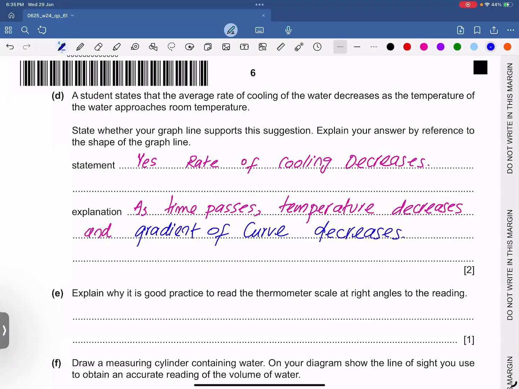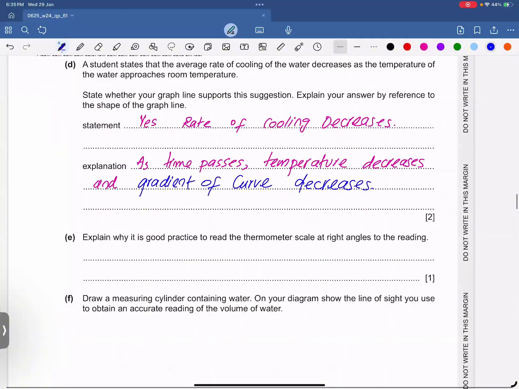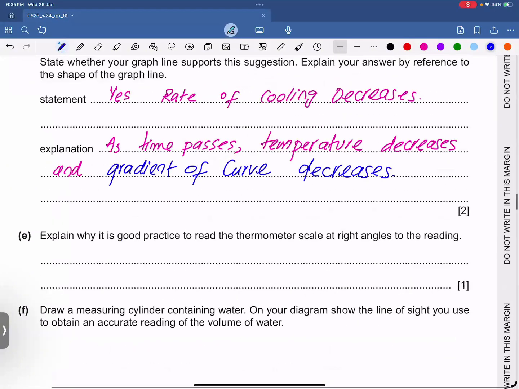So as the gradient decreases, the rate of cooling is also decreasing. Let's read the next point.